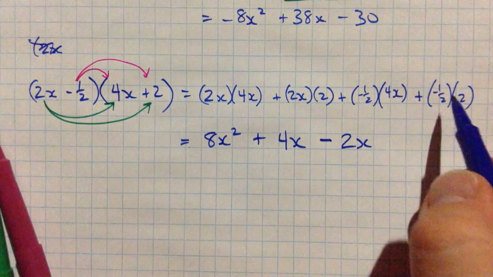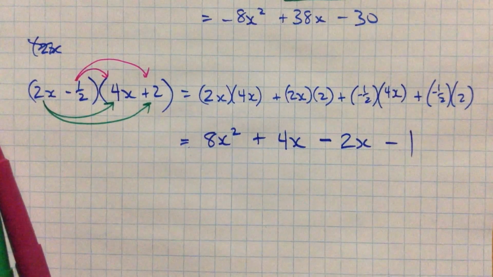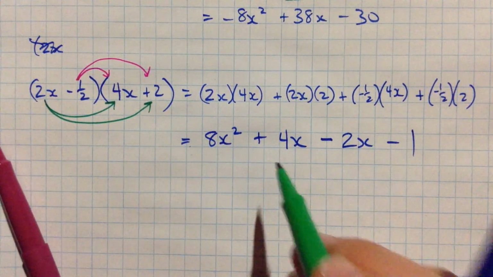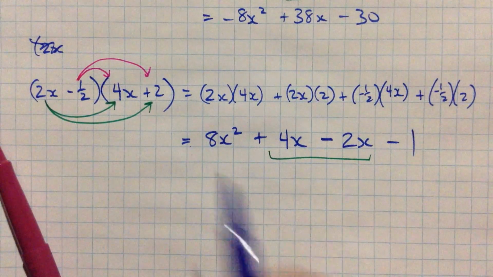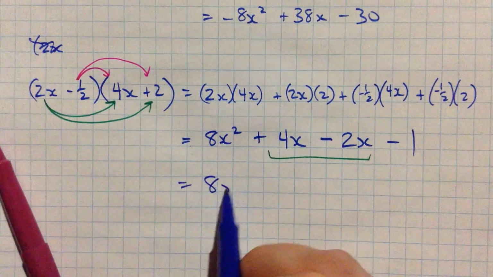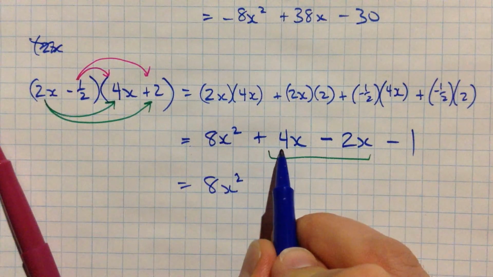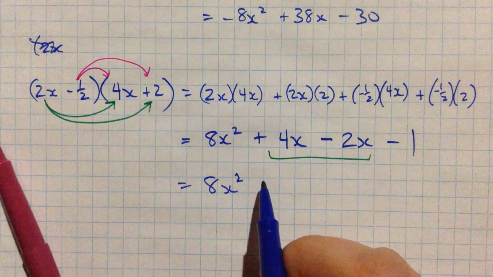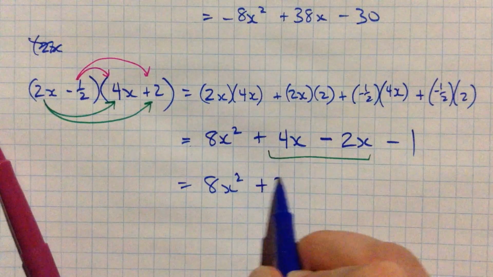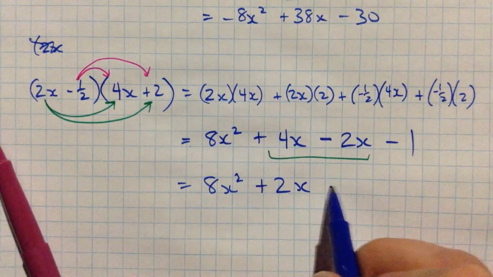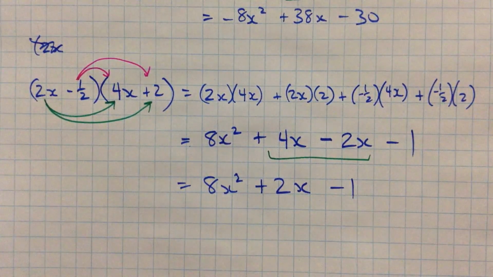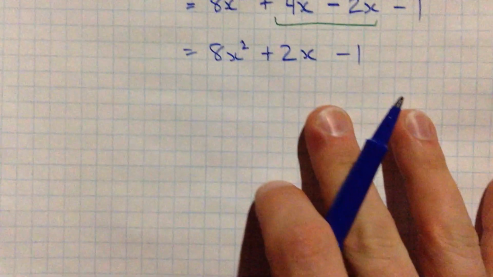Half of 2 is 1. This is a negative as well. That's a minus 1. There are the two like terms. 8x squared. In my x terms I have positive 4, negative 2. 4 minus 2 is positive 2. x minus 1.